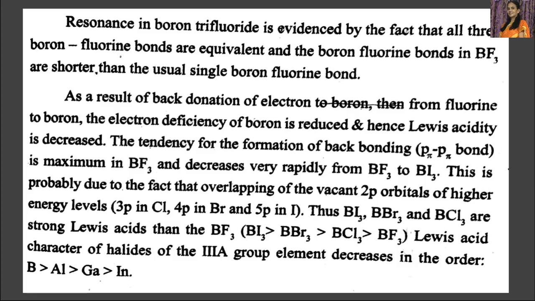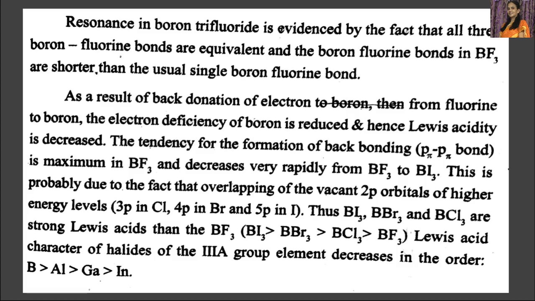The tendency for the formation of back bonding, that is p pi p pi bond, is maximum in BF3 and decreases very rapidly from BF3 to BI3 due to increase in the size of these halogen atoms. This is probably due to the fact that overlapping of 2p orbitals with orbitals of higher energy levels, that is 3p in the case of chlorine, 4p in the case of bromine, and 5p in the case of iodine, is poor.